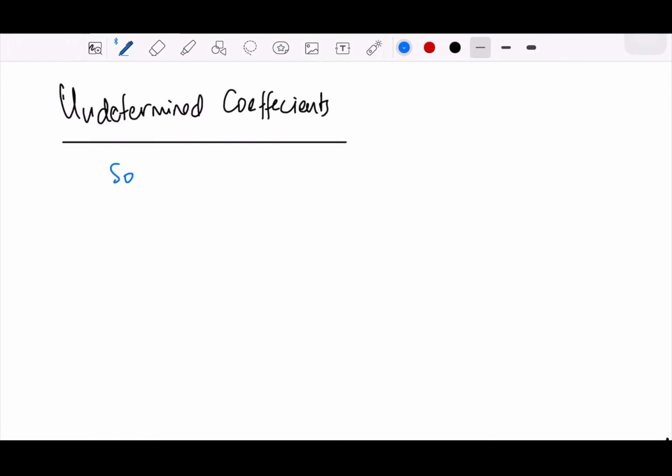This is to solve, or solving, non-homogeneous higher order ODE, okay, of the differential equations.